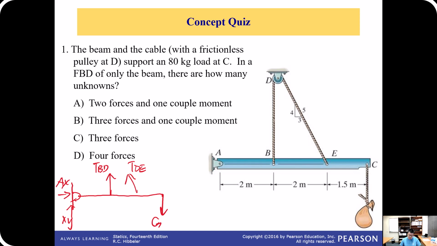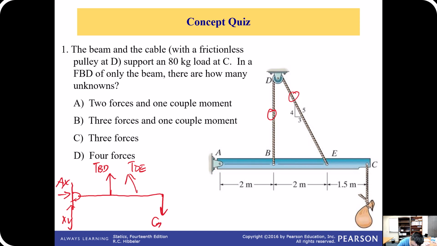Because we have 4 unknowns, but we only have 3 equations. However, one thing is different here: tension BD and tension DE are from the same cable. If you have a cable, no matter its shape, if you cut it at different cross sections, the tension should be the same because it's the same cable.